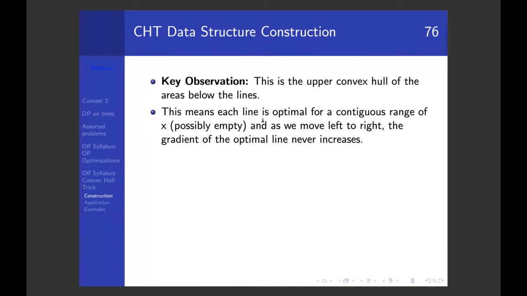This means that each line is optimal for some continuous range of x, which is what I said before, possibly empty. In other words, some line might never help us. And as we move from left to right, the gradient of the optimal line never increases. That's because a line only ever gets overtaken by a less steep line.